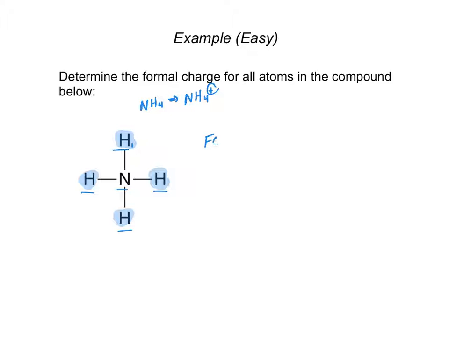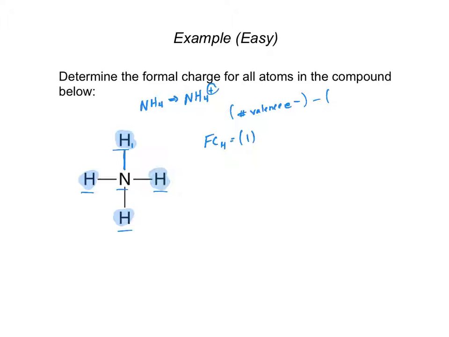So the formal charge of hydrogen is equal to, again, the number of valence electrons, which is 1 for hydrogen. It's in the first column of the periodic table. And then we're going to subtract from that all of the electrons that are given to hydrogen in this molecule. There are no lone electrons, so we don't have to worry about that.